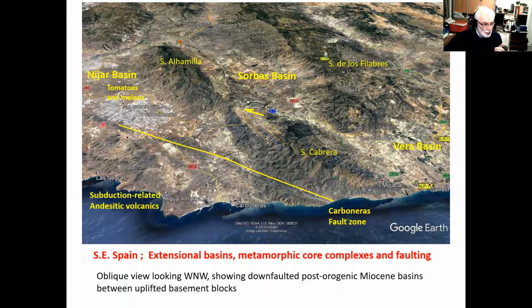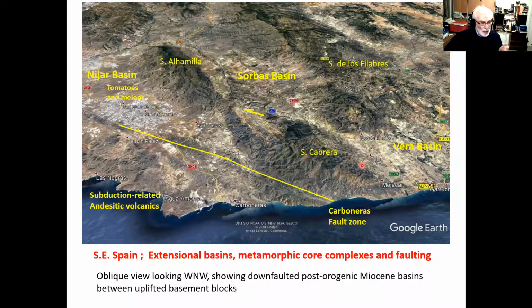We have the volcanic terrain of subduction-related andesitic volcanics to the south. These have been largely removed to the north by movements on the fault. The estimated amount of movement on the fault at this particular locality is about 40 kilometers. And this increases to about 120 kilometers by the time you've crossed the Almeria basement and arrived in North Africa.